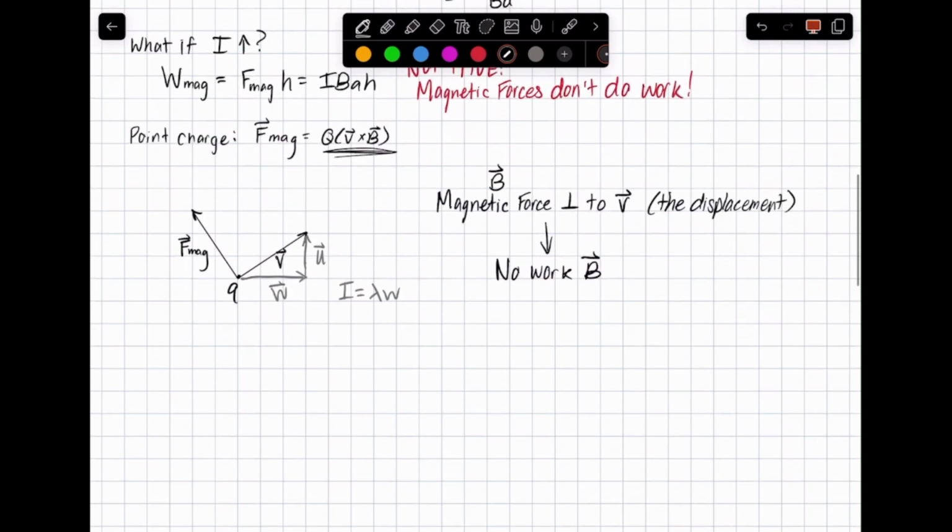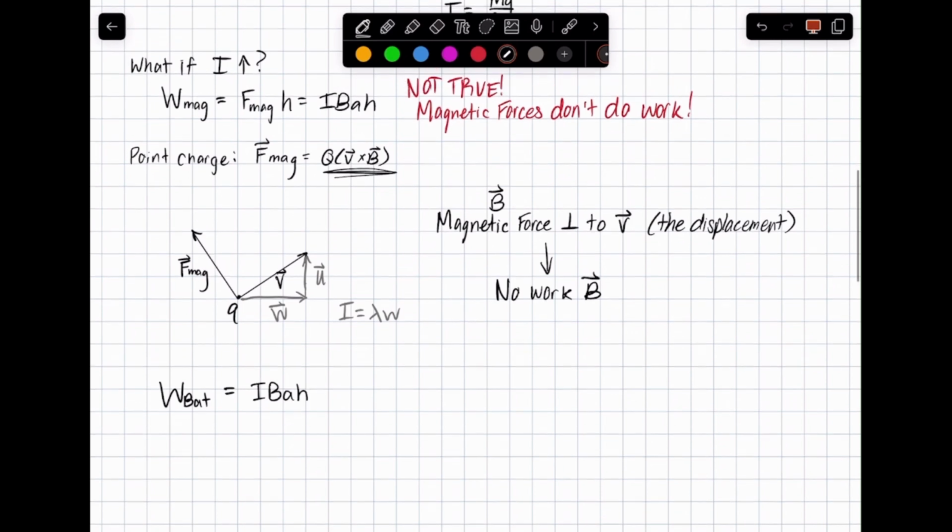Instead, it's more accurate to write that the work is being done by, let's say, a generator or a battery, whatever is producing this current, is what's doing the work on the loop. And therefore, work due to the battery would be accurate here.